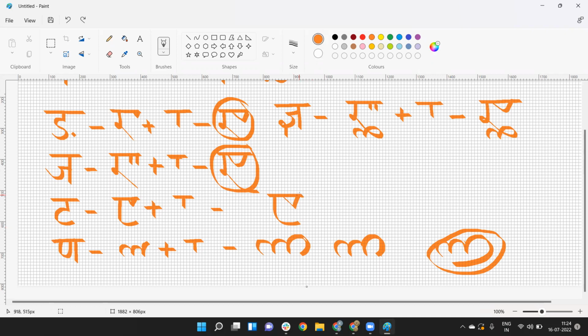So very, very little from the right hand side. And in case of Na also, the upper one has very little extension. So that is basically how you differentiate between Ja and Na. Ta also has very little. In case of Gya and Ja, it's more. These two. Anything else?